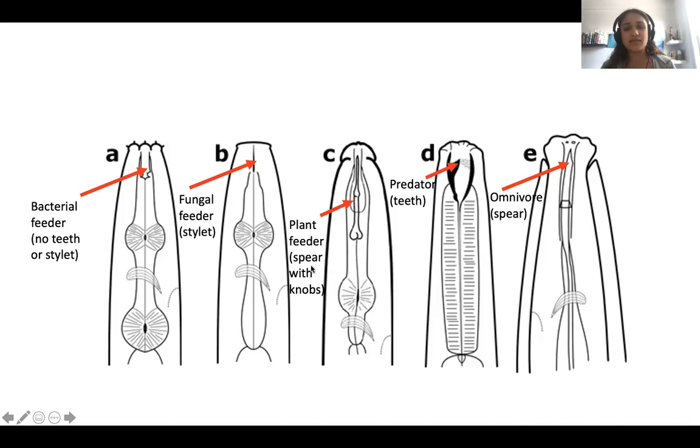So the plant feeder has a spear with knobs, and then the predators are most commonly identified because predators always have these teeth, and that's how they actually feed on these other nematodes. And then lastly, we have omnivores, which also have a spear, but this spear does not have the knobs like the plant feeder usually does.